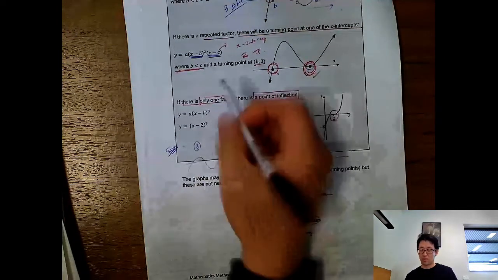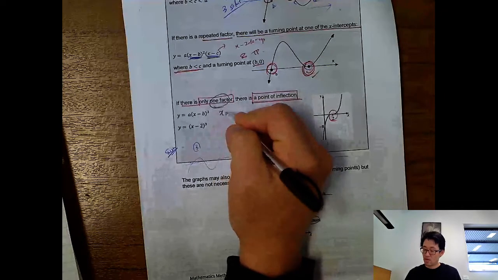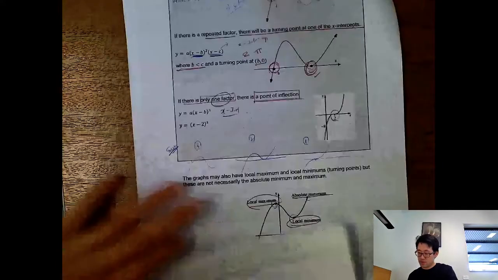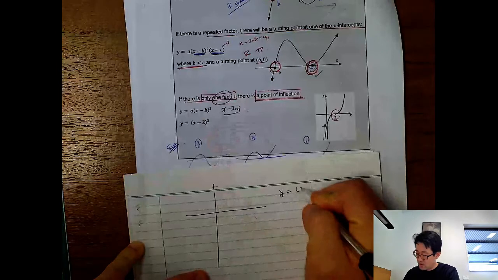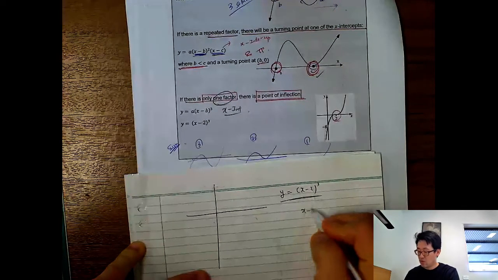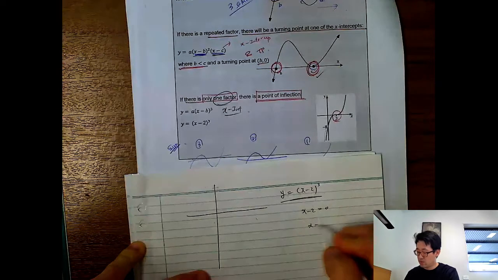And if there is only one factor, which means we got only one x-intercept, touching x only once. Y equals x minus 2 cubed. 0, 2.